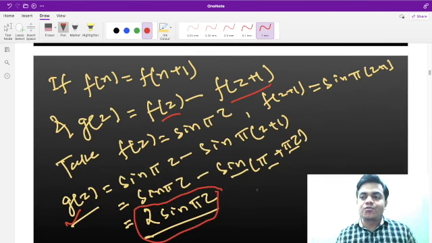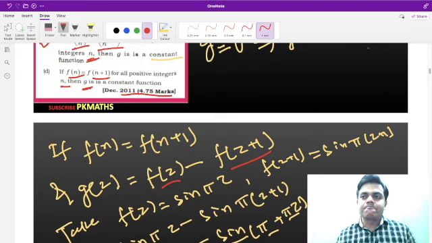Your G is 2 sine pi Z, which is not a constant function. Is this clear? Yes. Okay. So that's the reason D is not correct. So your final answer will be what?